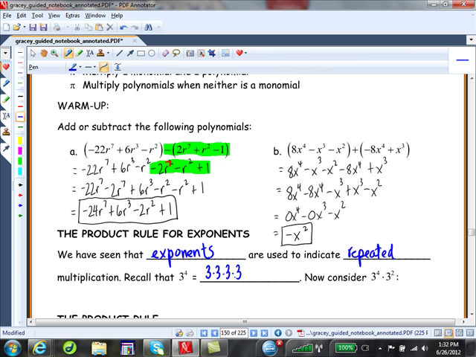Now what if we have 3 to the fourth times 3 squared? 3 to the fourth times 3 squared would be 3 times 3 times 3 times 3, that is our 3 to the fourth, and then times 3 times 3, that is our 3 squared.